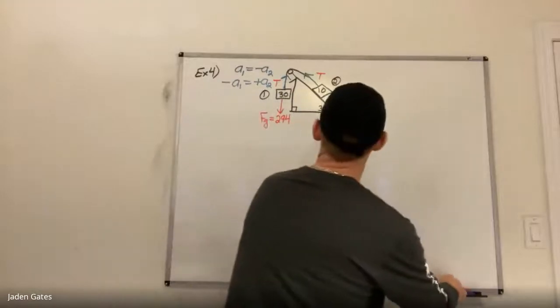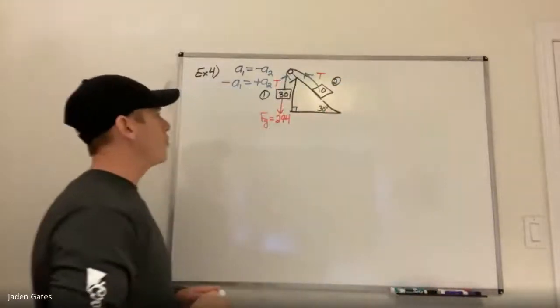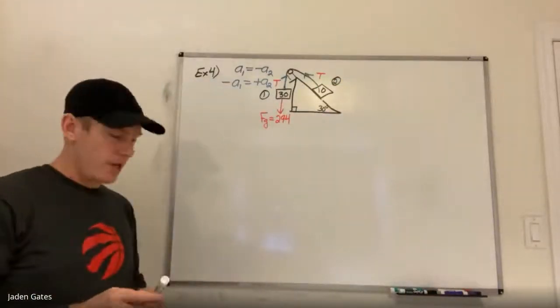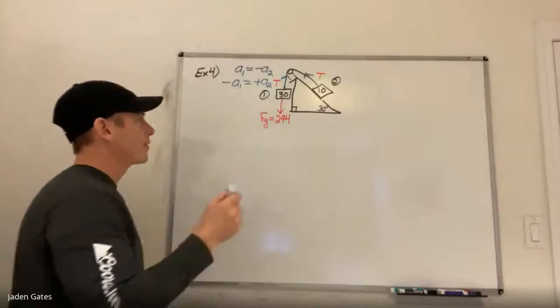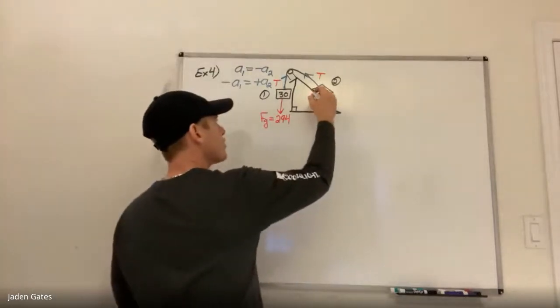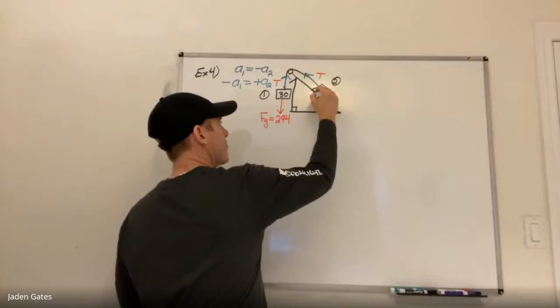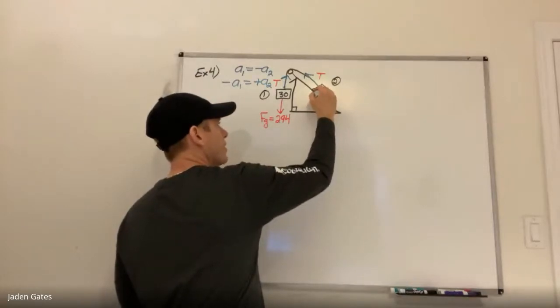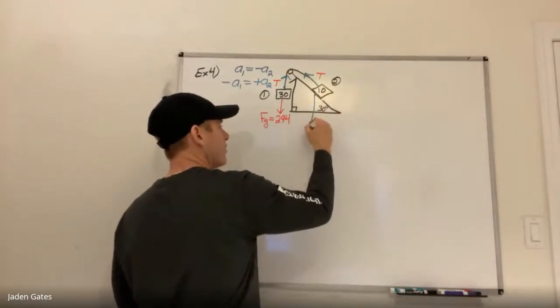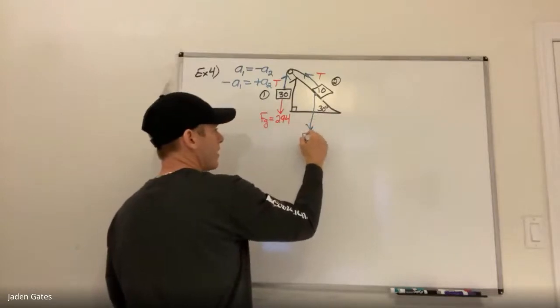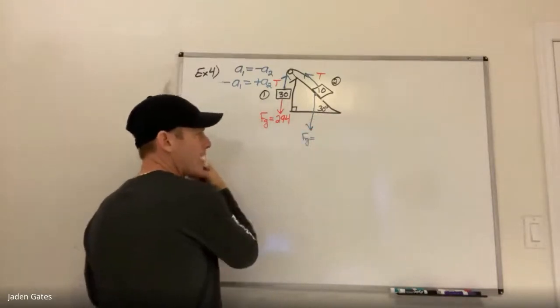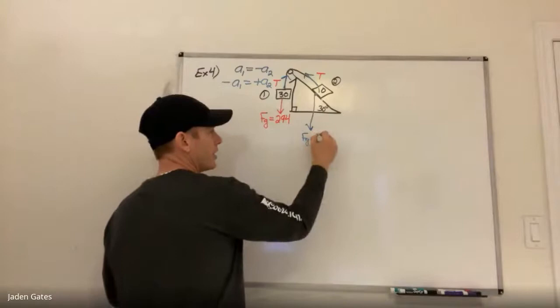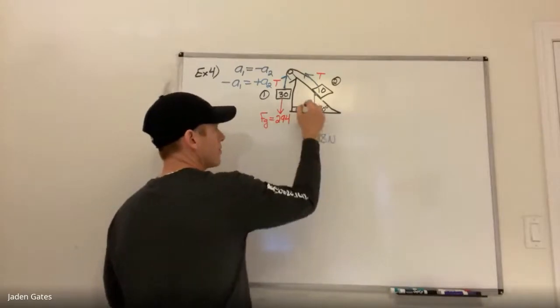I have my mass on the slope. T is pulling it up. But the thing is, on this slope, gravity is also working on this slope. And Fg is equal to mass times acceleration. It is 98 newtons.